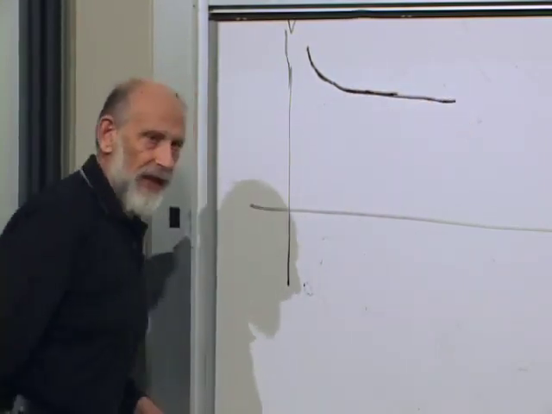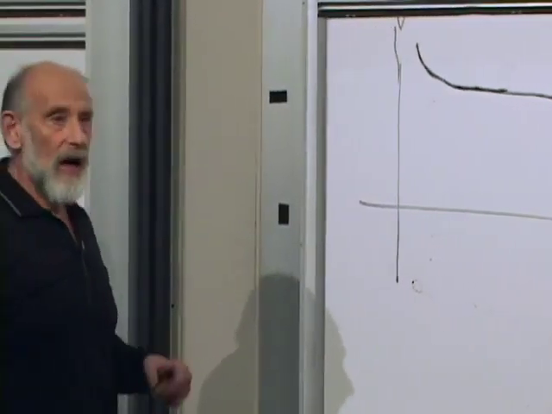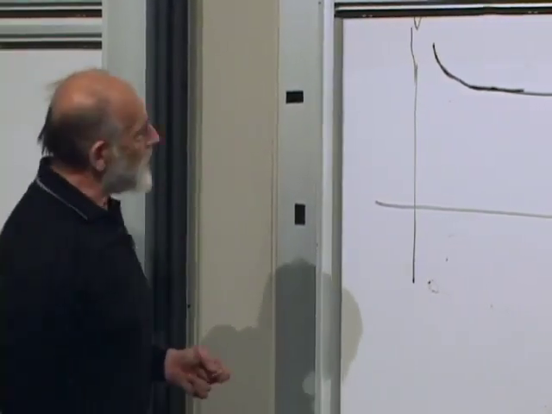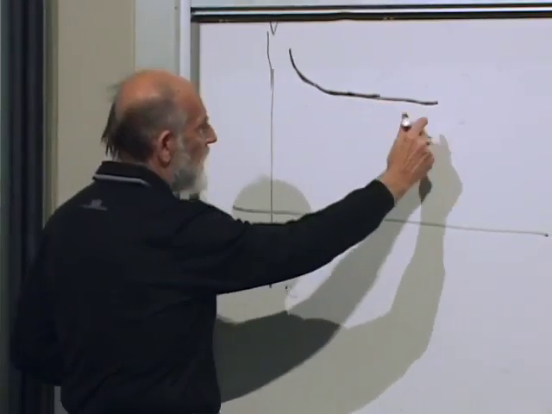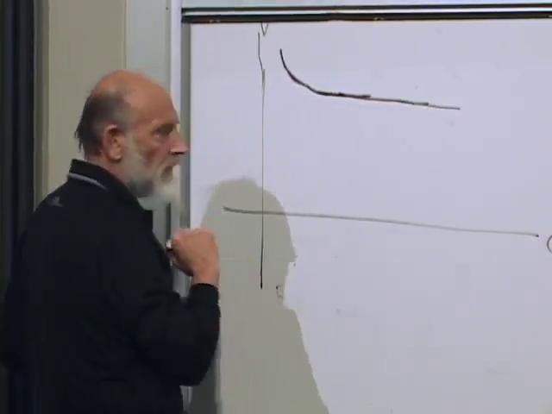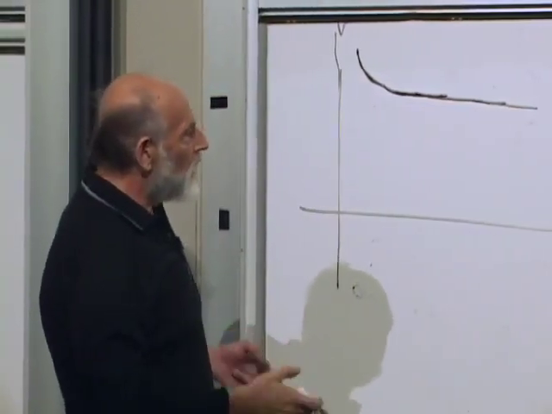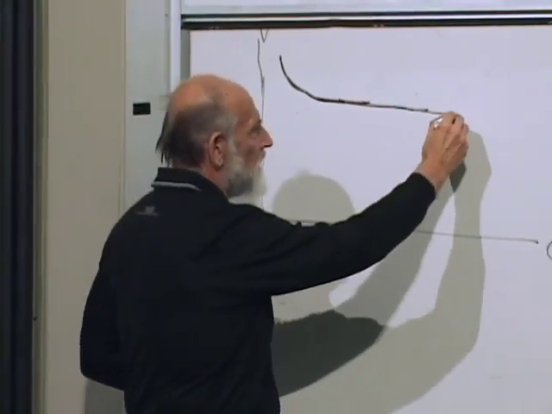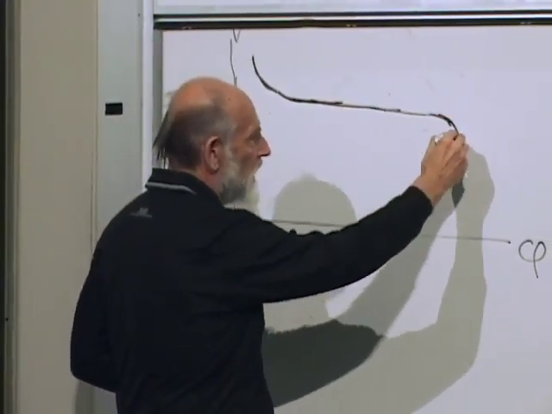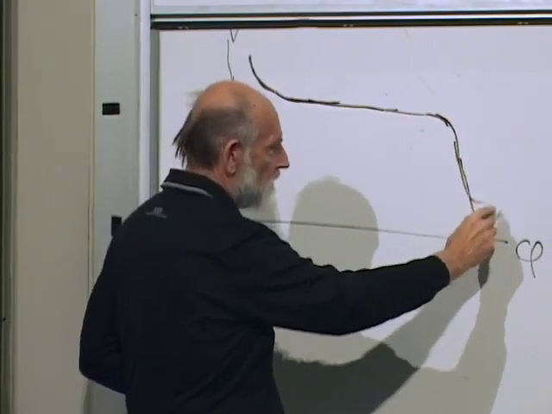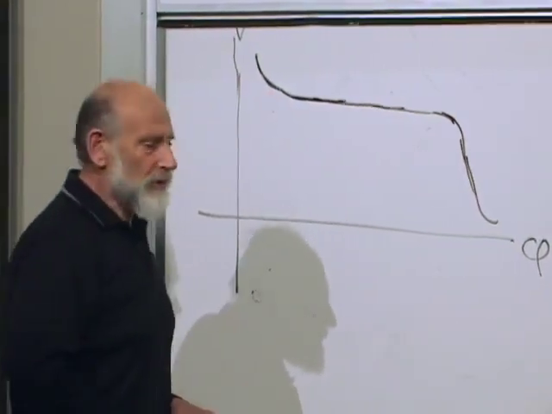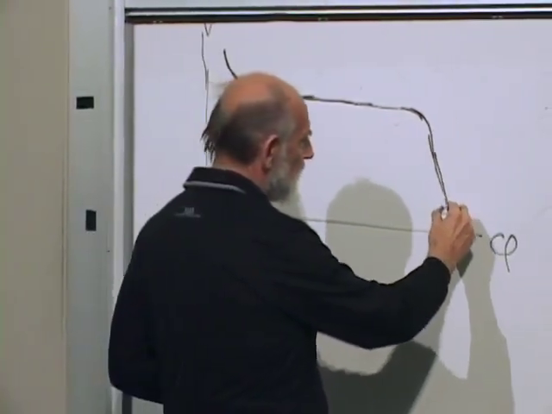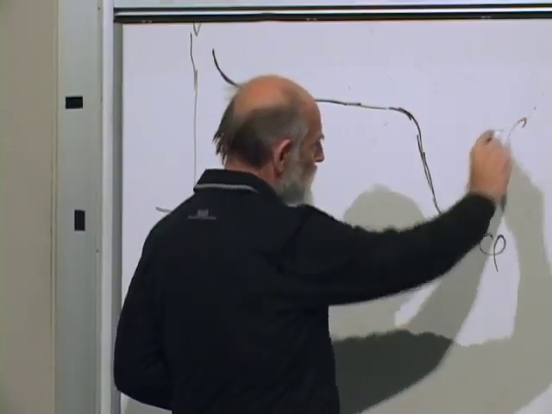Not completely flat. So the field energy doesn't vary very much over some range of phi. And then all of a sudden it comes to the end of a cliff and falls down. It doesn't quite go to zero and then turns back up.